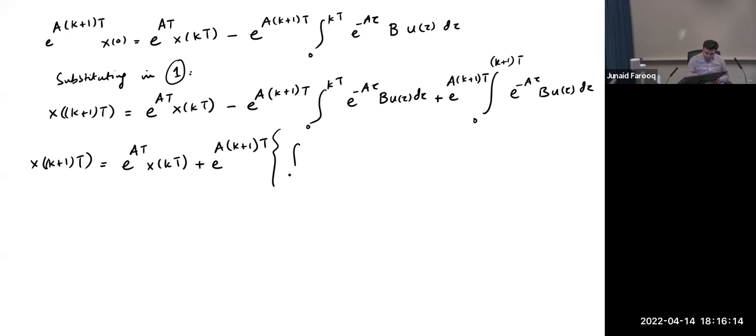So you will have the integral from 0 to kT of e to the power minus A tau B u of tau, and this should be (k plus 1)T, right? So (k plus 1)T, and then you have a negative sign. The other one is the integral from 0 to kT of e to the power minus A tau B u of tau d tau.